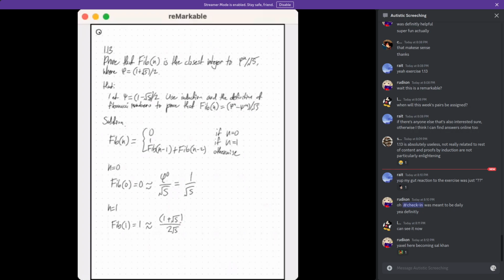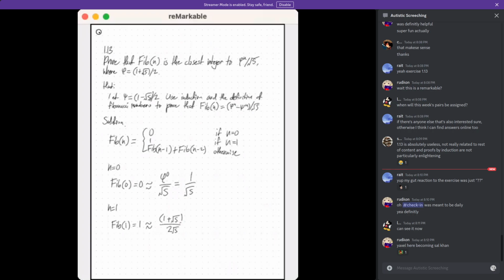let me see if I can get my calculator out. Does anyone have the answer to what this evaluates to? Otherwise, I'll type it in here. I think it's 3.618.